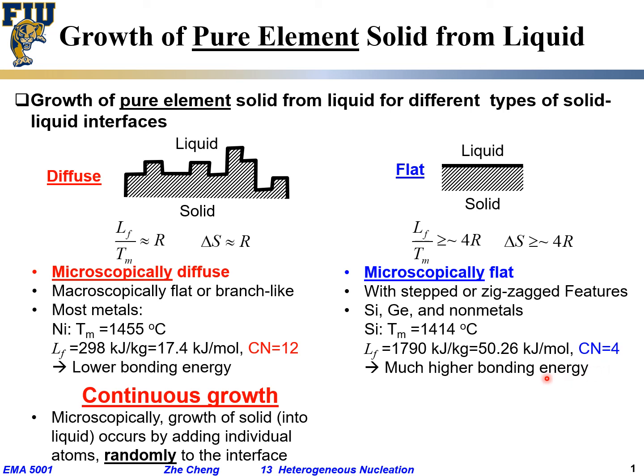They would have much higher what? Bonding energy. The comparison here is, okay, you have this much kilojoule per mole, and it's bonded with so many coordination number. You have even higher bonding energy per mole, and your coordination number is lower. As a result, the bonding energy per bond will be much stronger between silicon and silicon than between nickel and nickel.